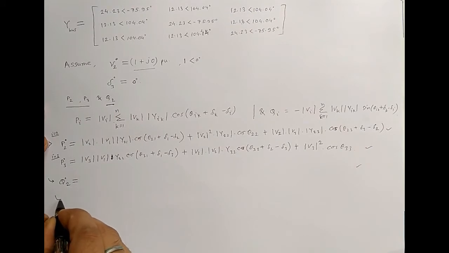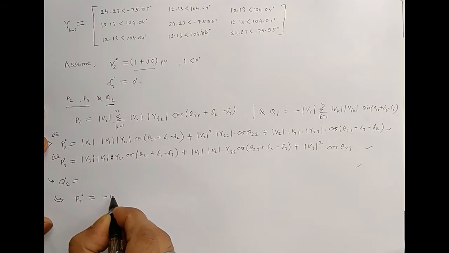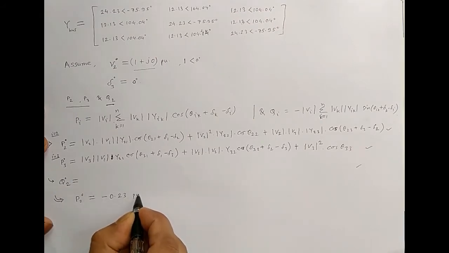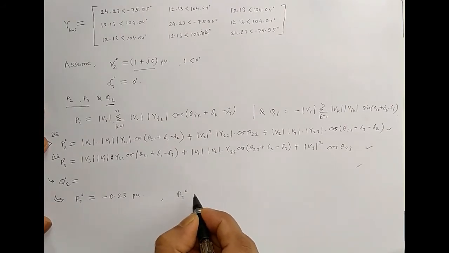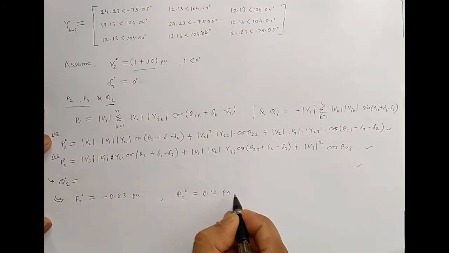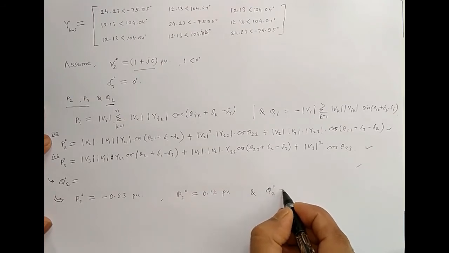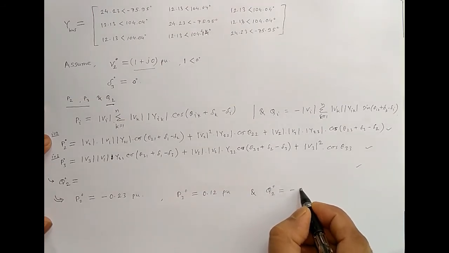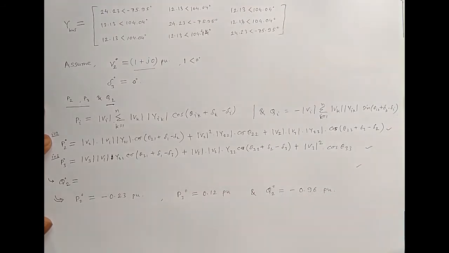After calculating, you will get P20 equals minus 0.23 pu, P30 you will get 0.12 pu, and Q20 will be minus 0.96 pu.